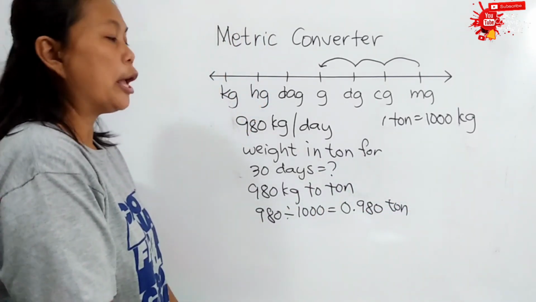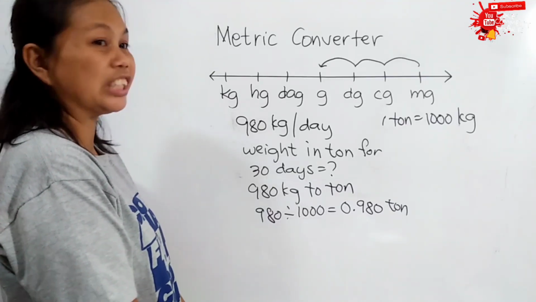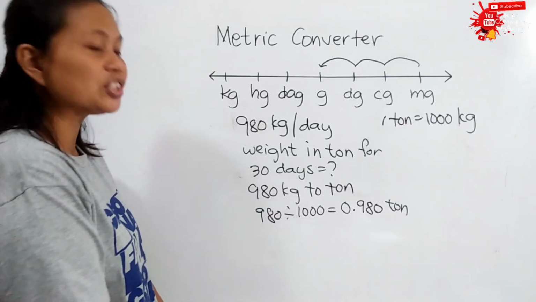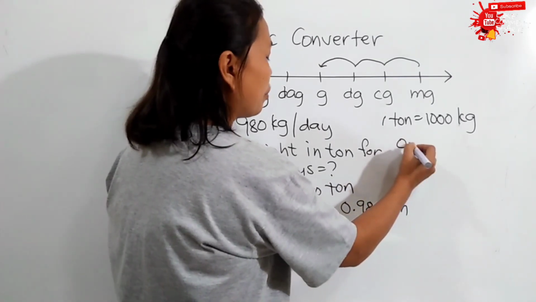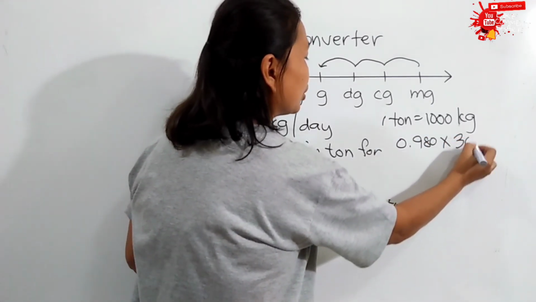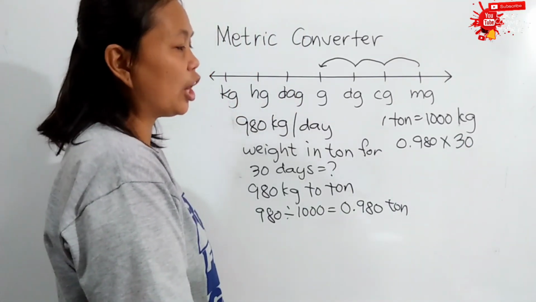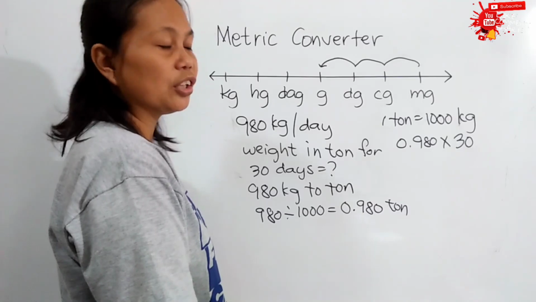So the answer will be 0.980 ton. But since the problem is asking for the weight of the garbage in tons for 30 days, we need to multiply 0.980 by 30. So what will be the product of 0.980 and 30?